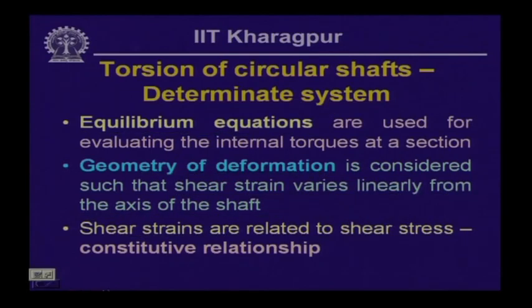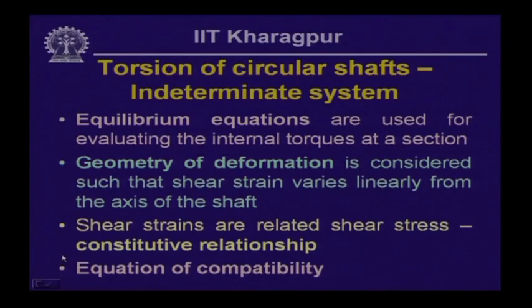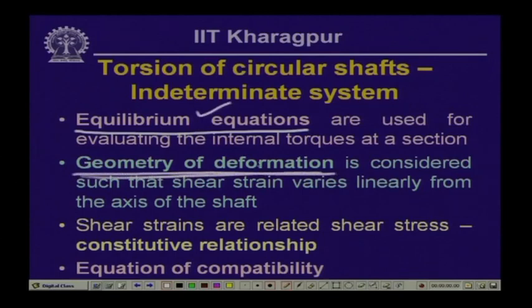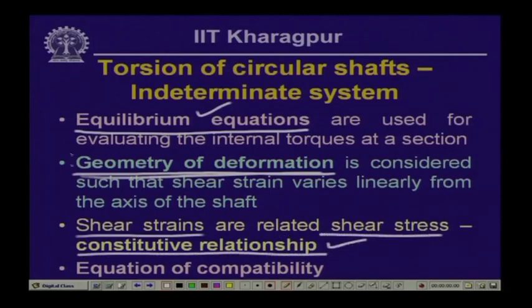Now, in case of an indeterminate system, they are also identical except that, you need equations of equilibrium, you need to look into the geometry of deformation, and of course the shear strain is related to the shear stress, which is the constitutive relationship. Apart from this, these alone are not adequate to give the equations for evaluating the internal resisting twisting moment.